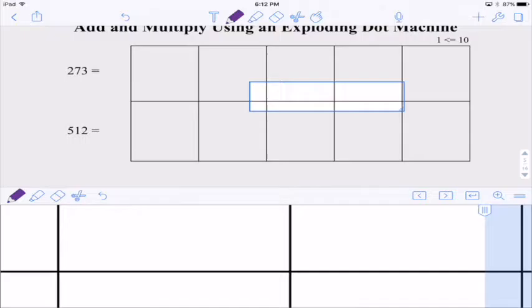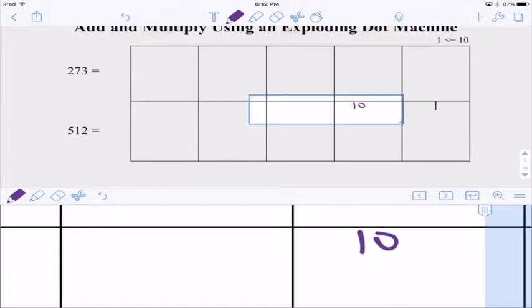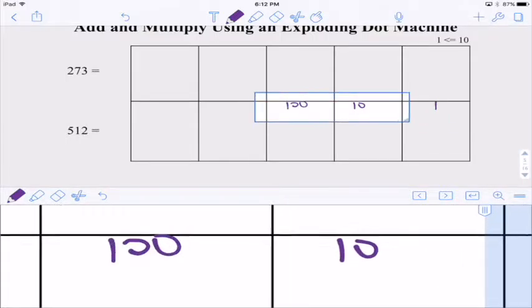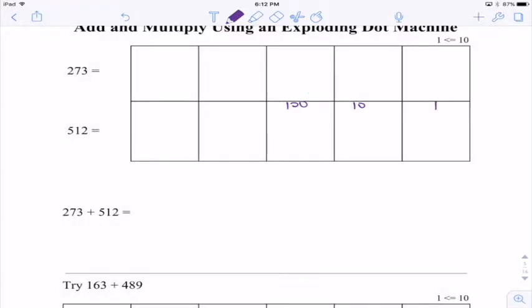So in our machine, remember we have our ones place, our tens place, and hundreds, and we could go on and on, but that's all we need for right now. For 273, we'd have 2 in our hundreds, 7 in our tens, and 3 in our ones.